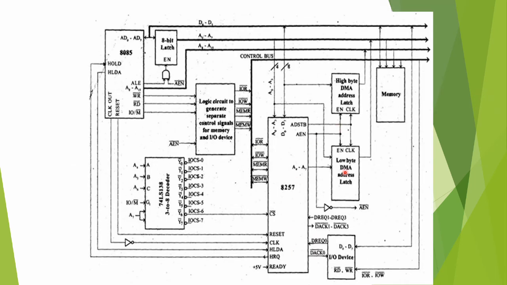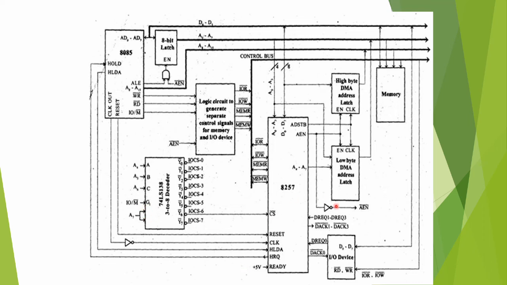This is one of the circuits in which the 8257 is interfaced to the 8085, and there is some logic to generate the control signals. There is a 3 to 8 decoder to select the chip select, and A, B, C are used to connect the address lines, and IO/M bar will be connected to G1.